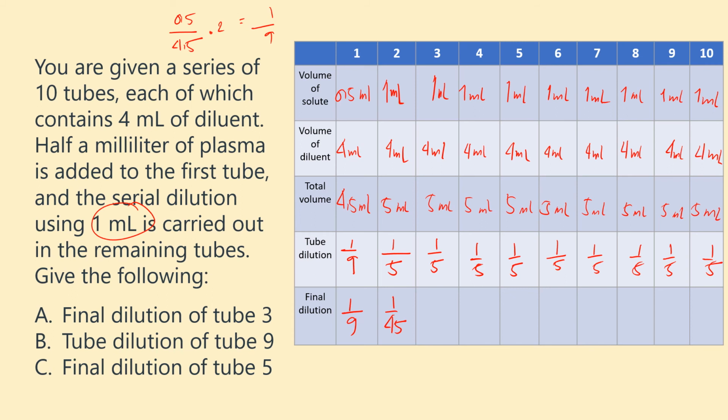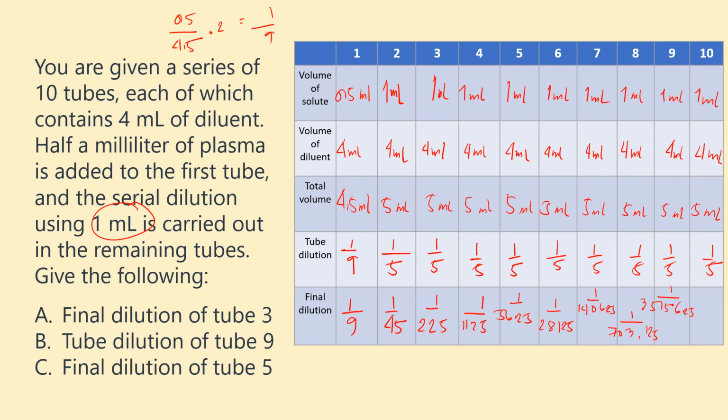Okay, 5 times 45 is equal to 1 over 225. 225 times 5 is 1 over 1125. 1125 times 5 is 1 over 5625. 5625 times 5 is 1 over 28,125. 28,125 times 5 is 1 over 140,625. 140,625 times 5 is 1 over 703,125. 703,125 times 5 is 1 over 3,515,625.